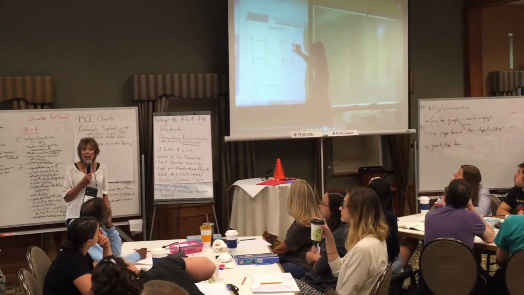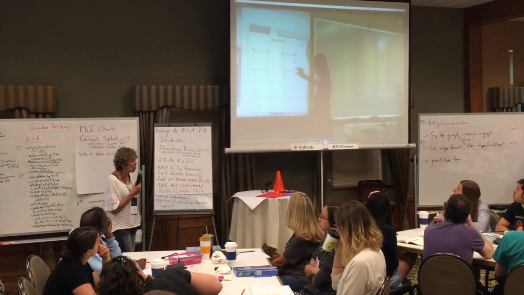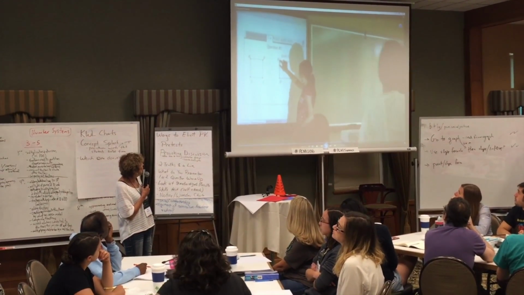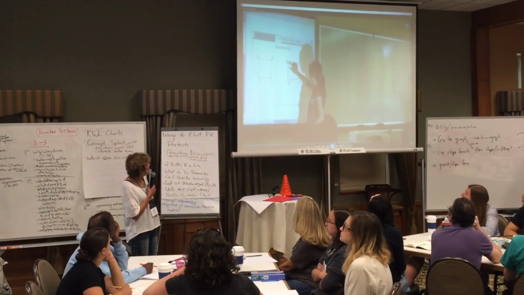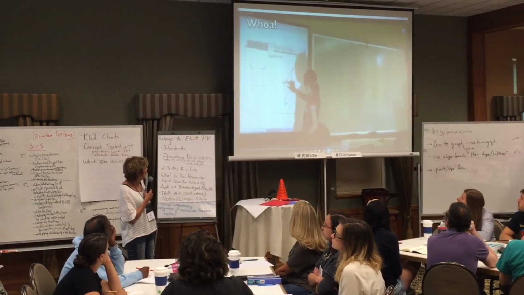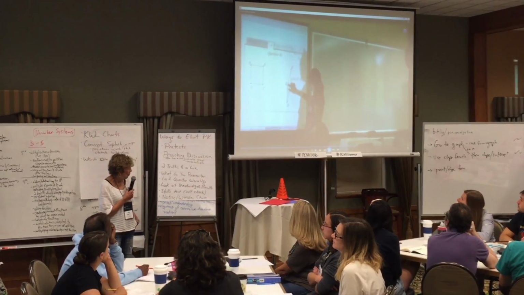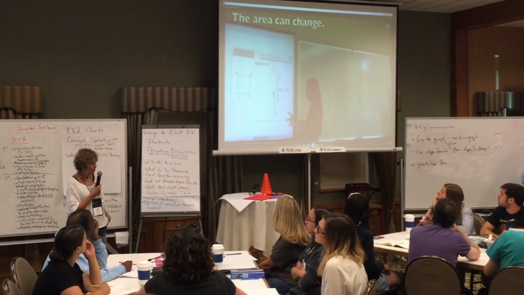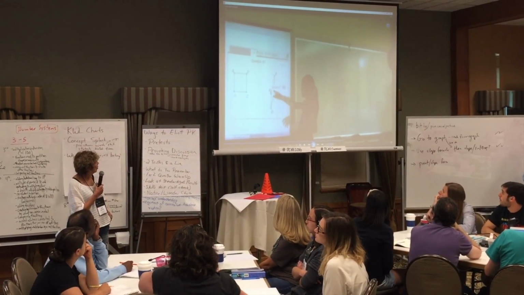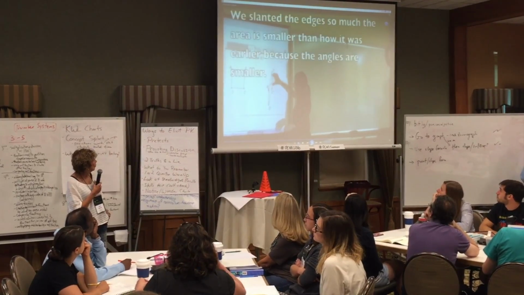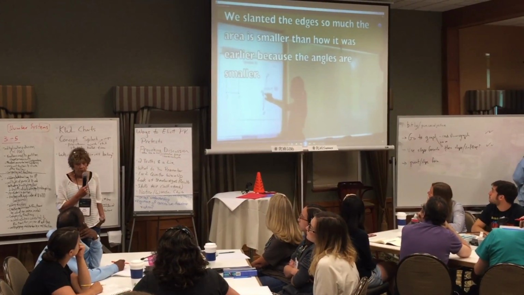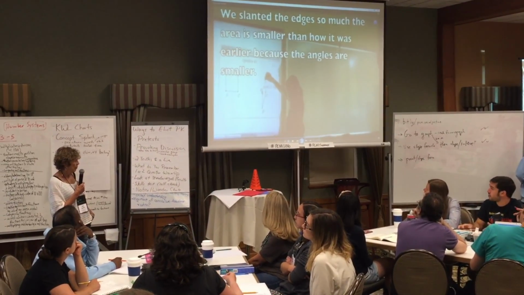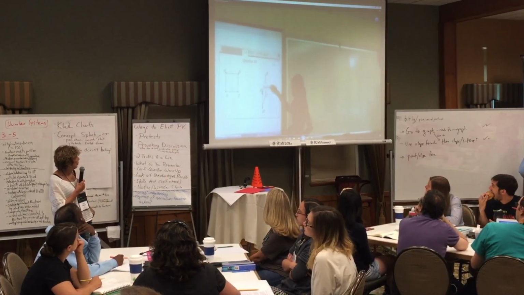The kids have been working and trying to figure this out. Now one little girl is up to explain. The area can change, because we slanted the edges so much that the area is smaller than how it was earlier, because the angles are smaller, and so the area is being smaller.